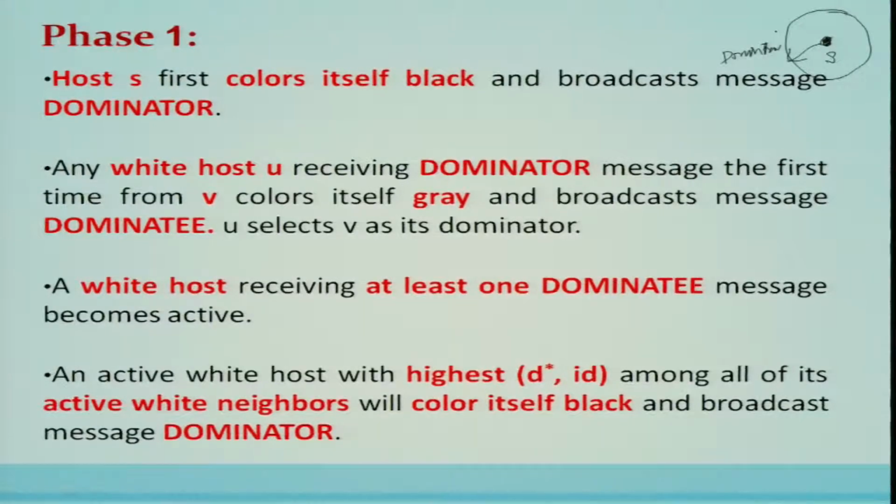Now any host U inside this radius, which is a neighbor of node S, will receive this dominator message. These are called white hosts. On receiving the dominator message the first time from V, they will color themselves gray.